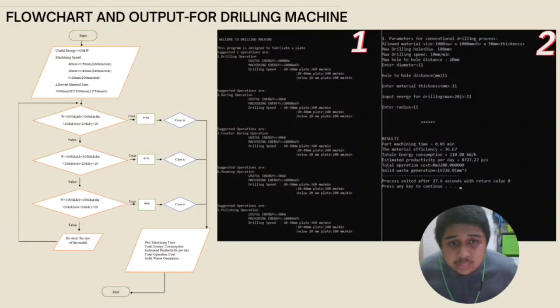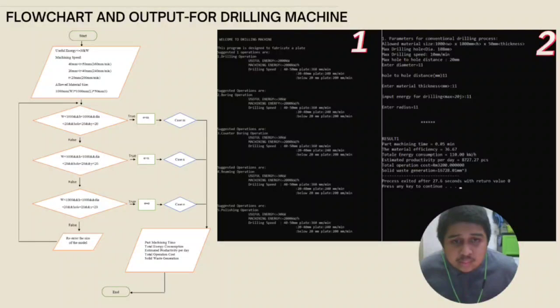for a drilling machine. And at the right side, the second page, this is the parameter for the conventional drilling process: the allowed material size, max drilling hole, max drilling speed, max hole to hole distance, and then enter the diameter, which is our own diameter based on the product that we choose.